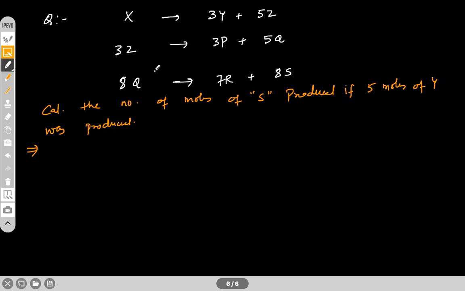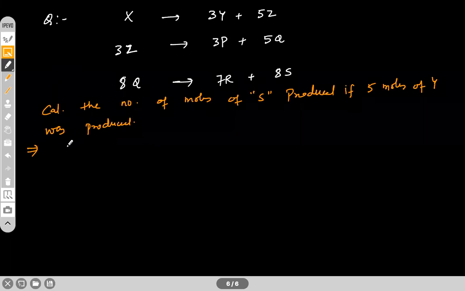When you get this kind of question, one assumption is there that the reaction is complete and balanced. That is the assumption we should take. It should be given in the question, but there is no other way. If you do not assume this reaction to be balanced, you cannot do this question.